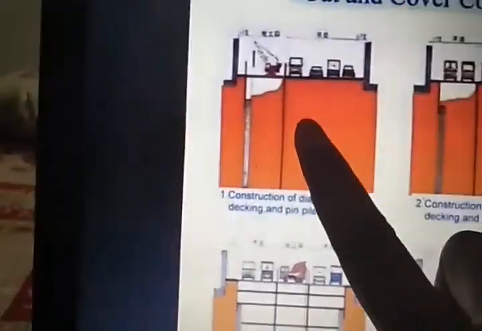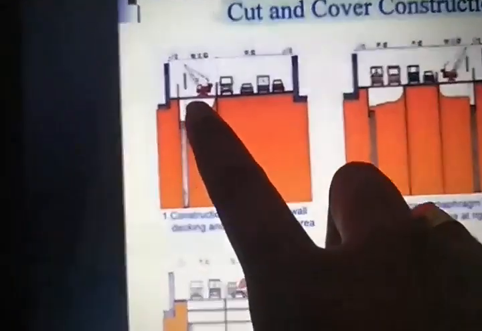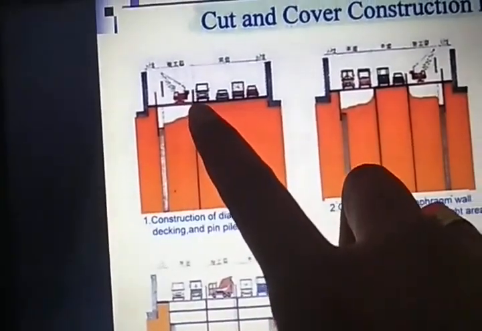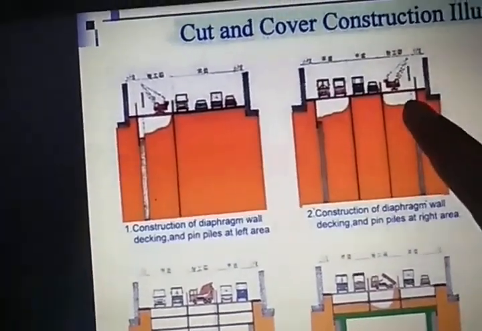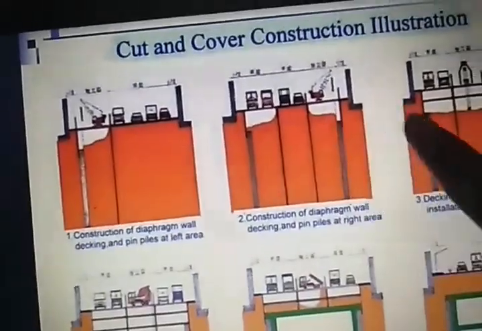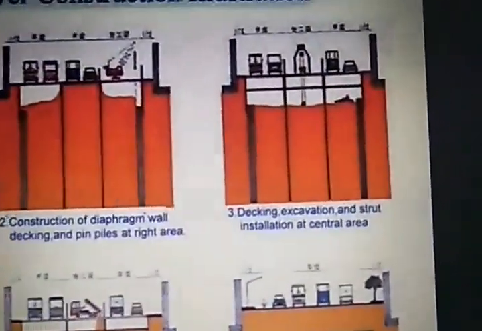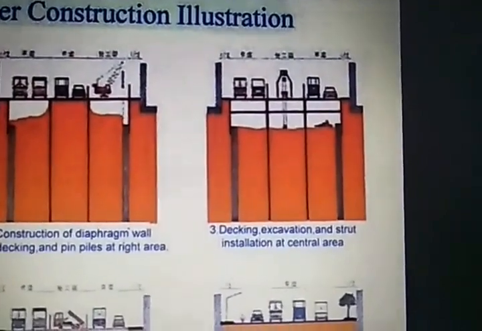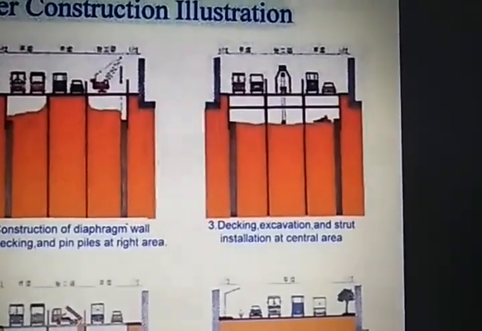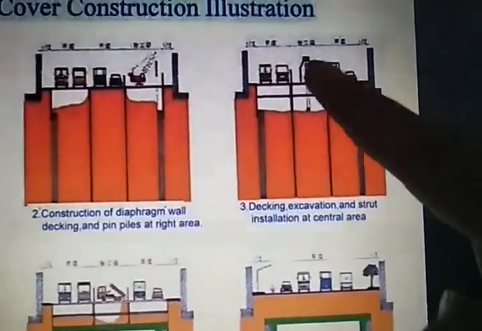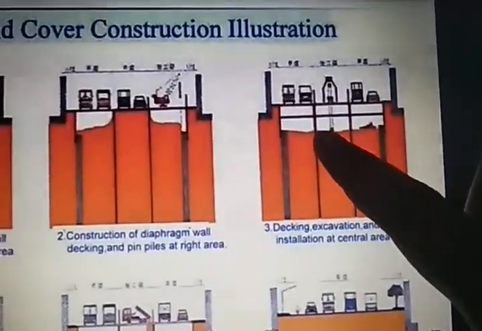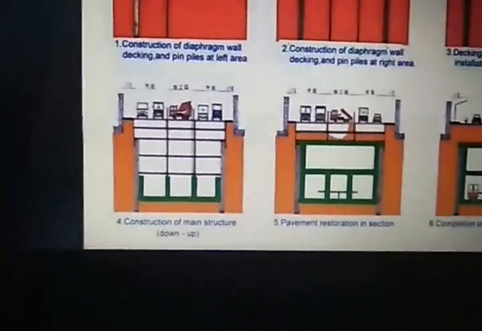So here this portion is where the diaphragm wall is to be placed. Similarly here the diaphragm wall is to be constructed, here again the diaphragm wall is to be constructed. Then next stage, decking excavation and strut installation at central area. This is the central area, so in that one decking excavation occurs.